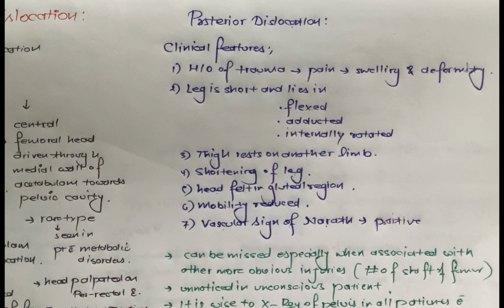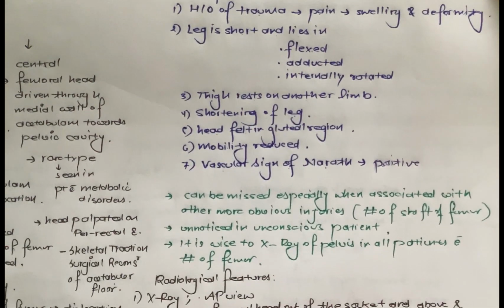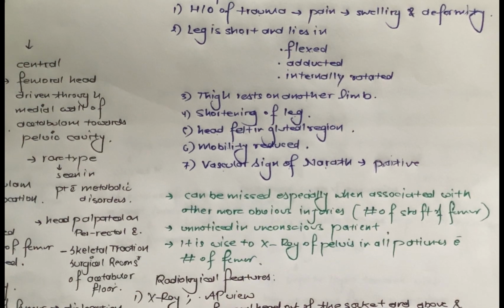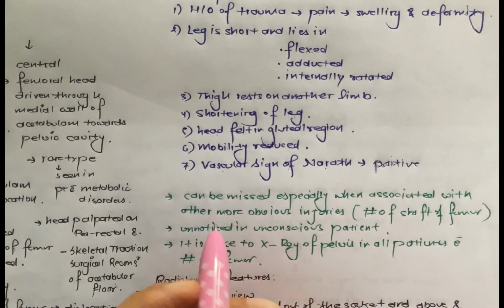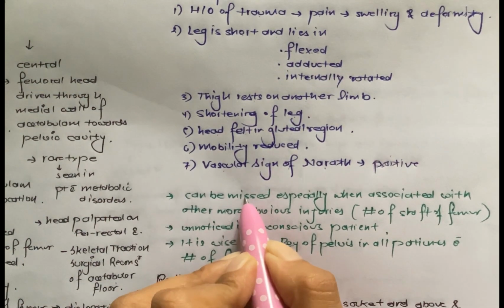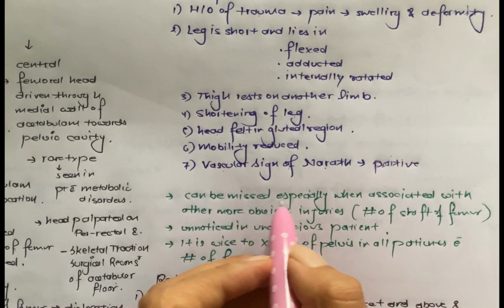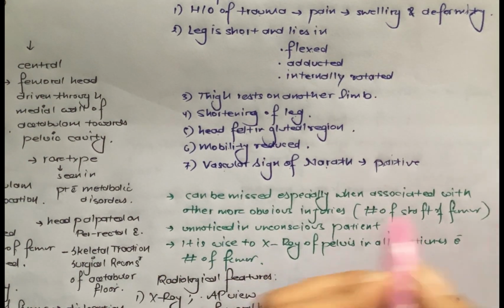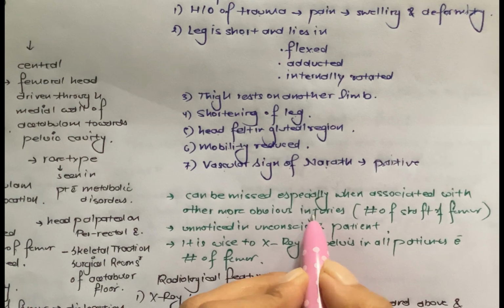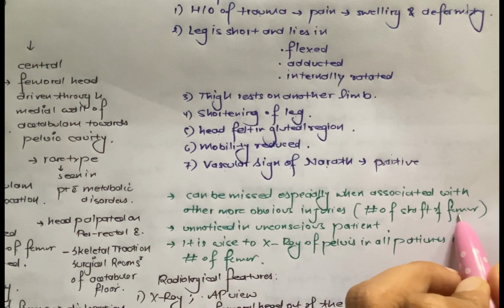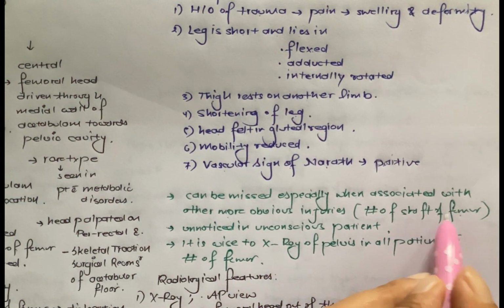Now, we have already discussed the clinical features, and we are going to talk about some special cases. As we all know, posterior dislocation of the hip can be missed very often, especially when it is associated with other more obvious injuries like fracture of the shaft of the femur.